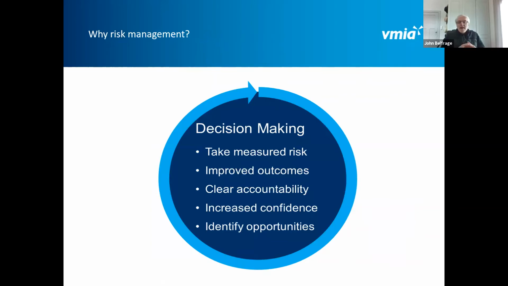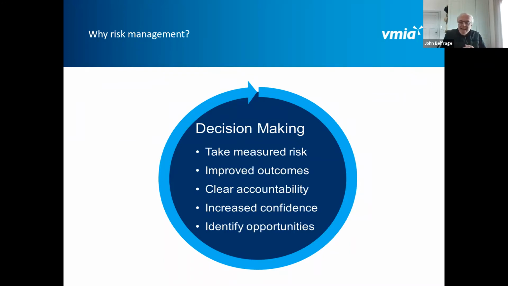So, why risk management? Well, there is a lot of evidence now about the efficacy of good risk-based decision-making, just as there is a lot of evidence about failures that are related to things like poor risk culture or not being rigorous about the management of risks. And so it's all about decision-making that allows us to take measured risk. It often results in improved outcomes for our service recipients and key stakeholders.